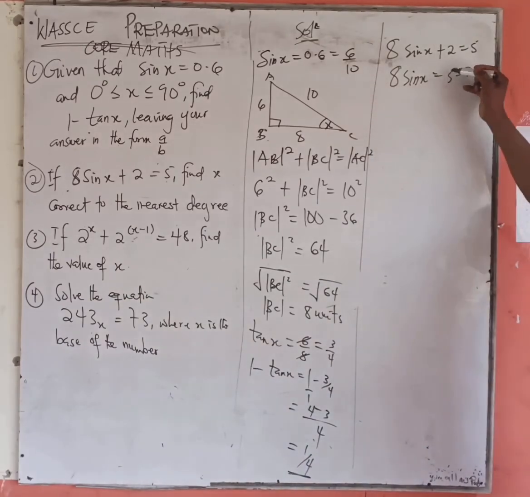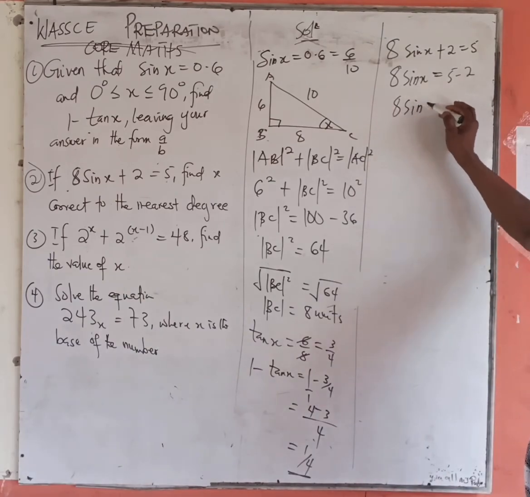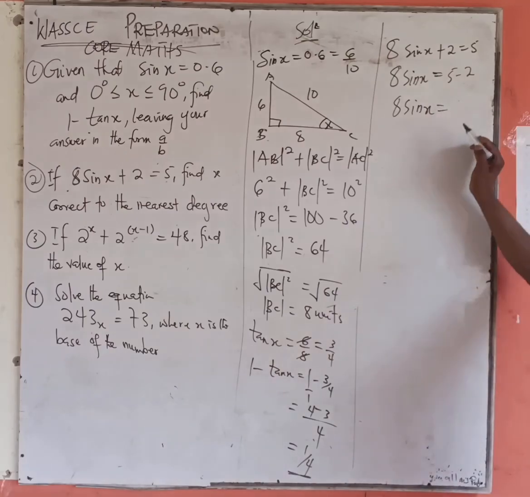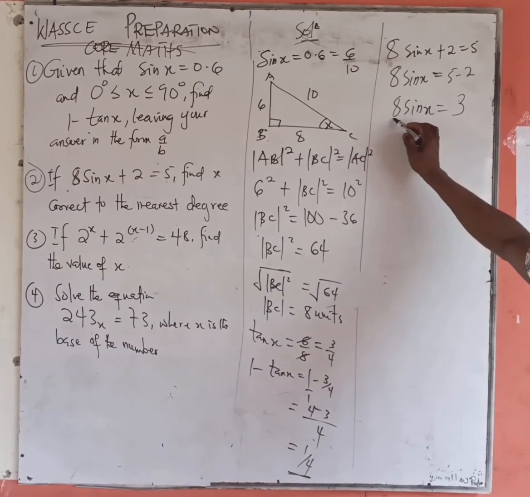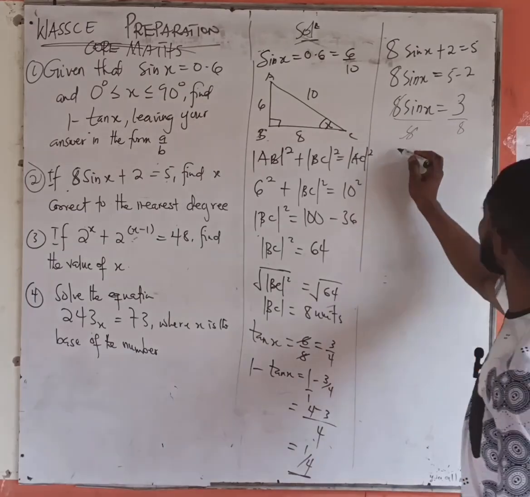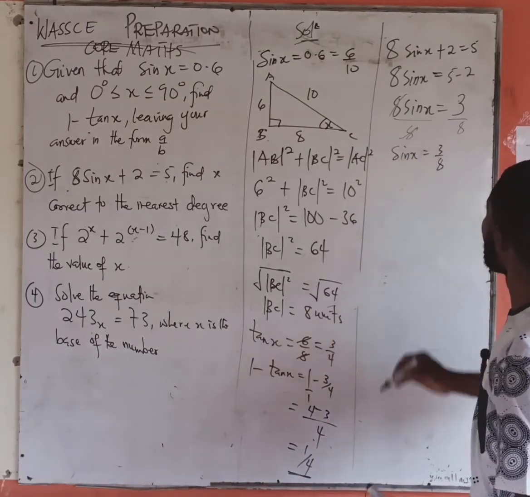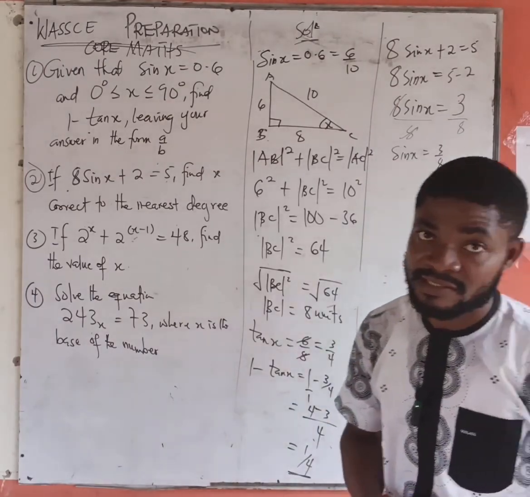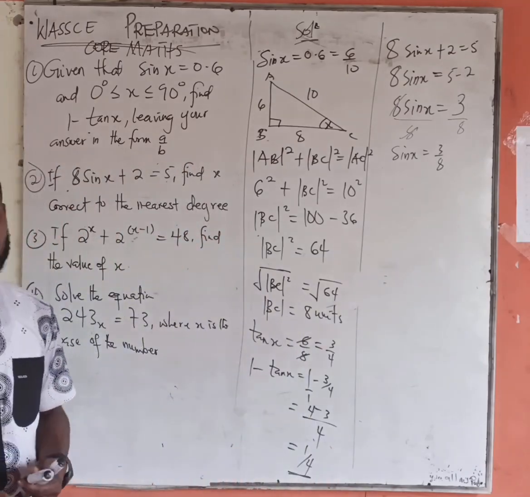I have to group like terms. If I do that, I get 8 sine x is equal to 3. Divide through by 8. So when I divide through by 8, I get sine x is equal to 3 over 8.